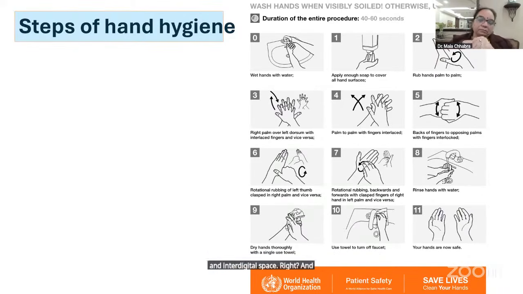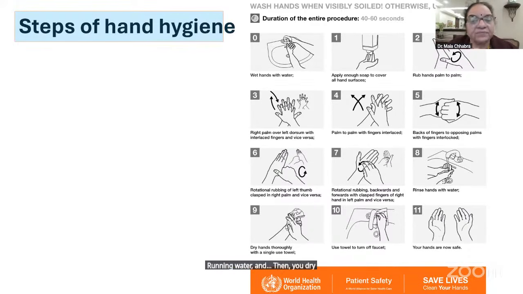And then you have to do your knuckles on both the hands properly. Then the thumb of both the hands, then the fingertips rubbing against the palm of both the hands, and then you wash with running water, and then you dry.